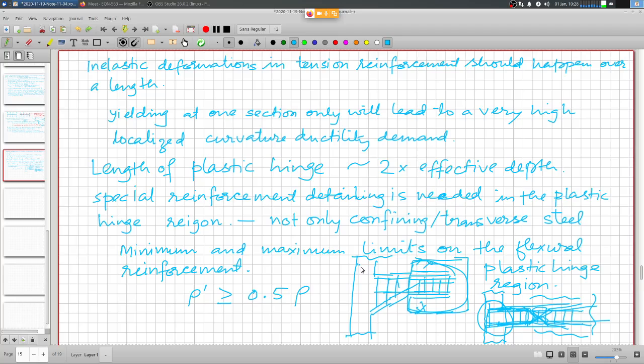Because the vertical stirrup, the straight stirrup with 90-degree bend, will not offer any resistance to the sliding shear. Only the bent-up bars would be providing the resistance against sliding shear.